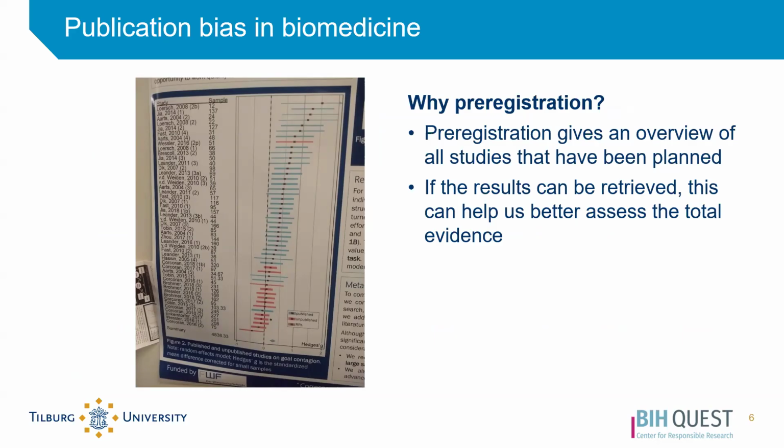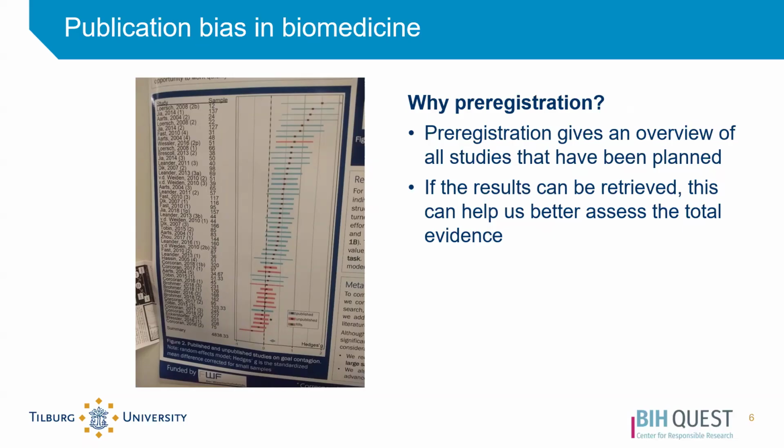Well, one reason is publication bias, which is that a lot of published findings are positive findings where the researchers find an effect, while a lot of studies where they did not find an effect are maybe put in the file drawer or are not submitted to a journal or are not accepted by a journal. And this picture is basically an illustration of publication bias in the wild.